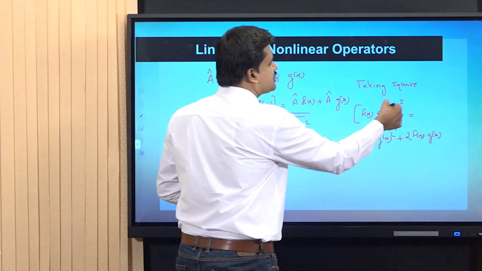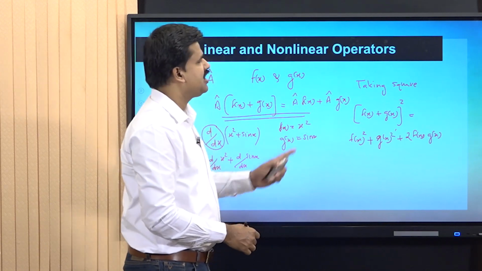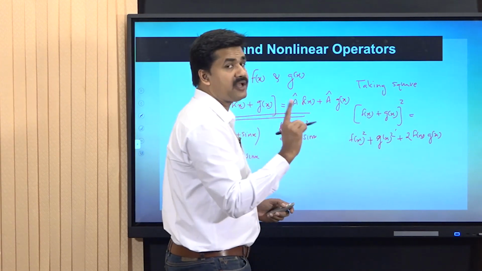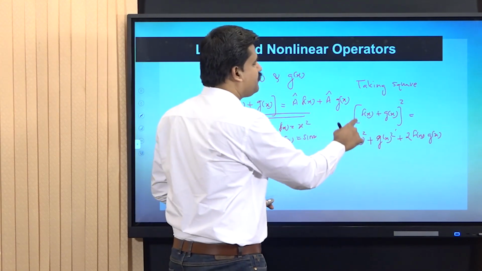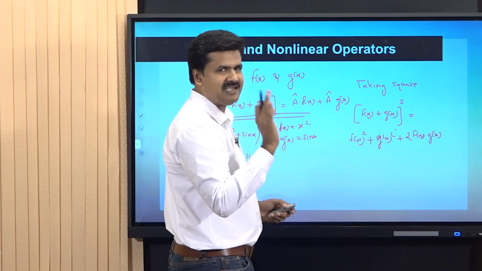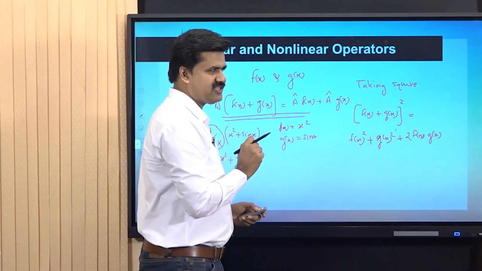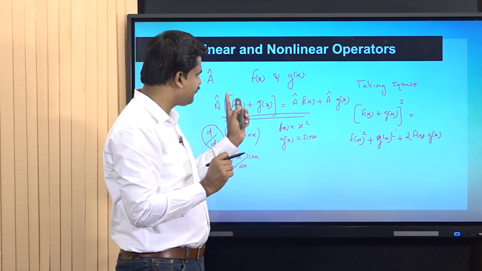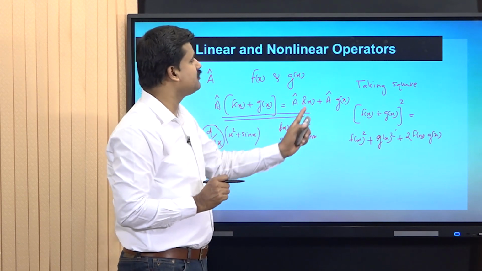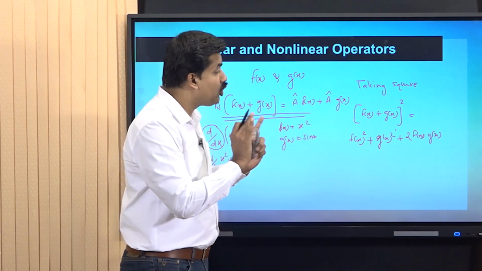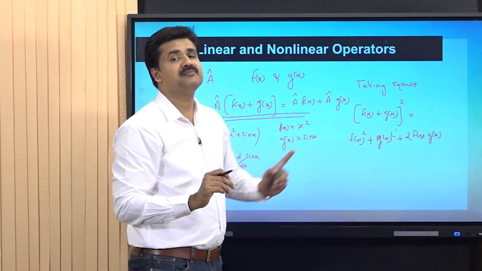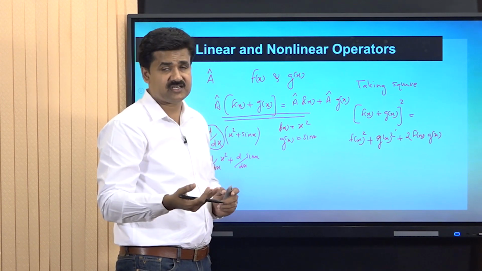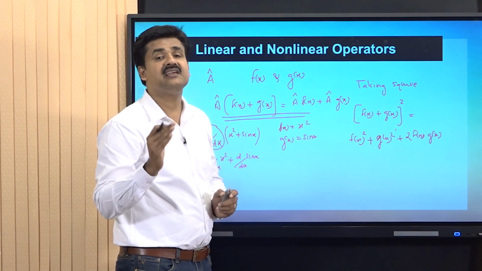This is the result of the taking square operation. From this it is clear that f of x plus g of x, whole square, is not equal to f of x square plus g of x square. That means the above condition, that is A hat of f of x plus g of x equal to A hat f of x plus A hat g of x, is not valid whenever I am taking the square. That is, taking square is not a linear operation.